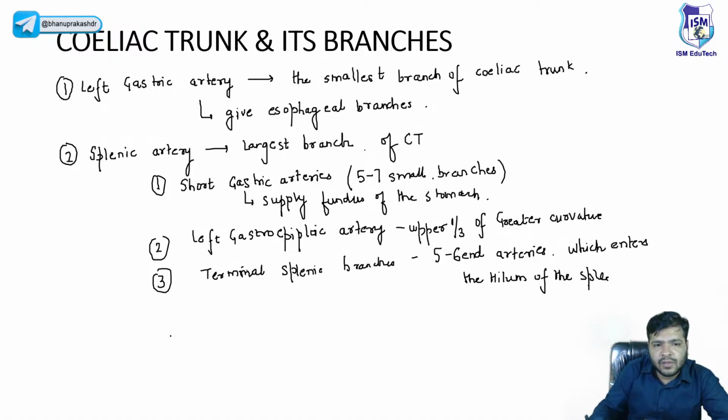And the fourth one, beta, we have the pancreatic branches. These are again three in number. We have the dorsal pancreatic artery.